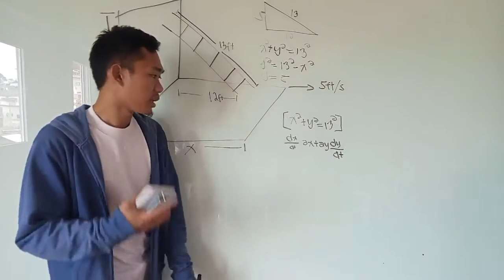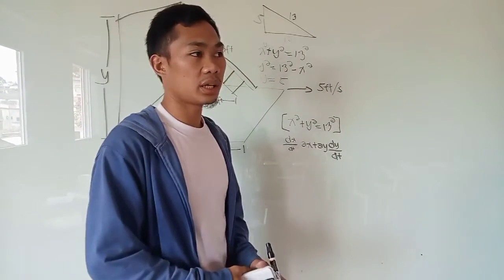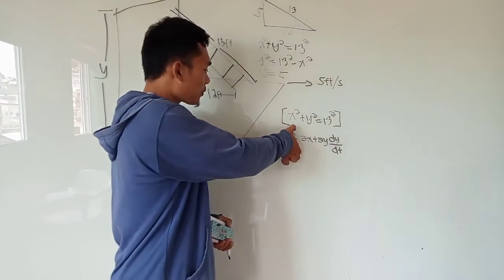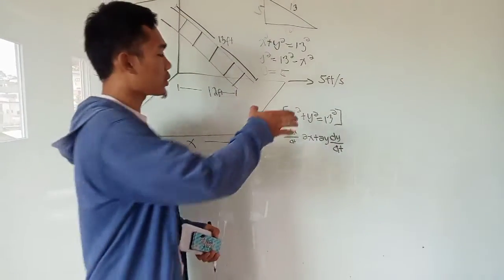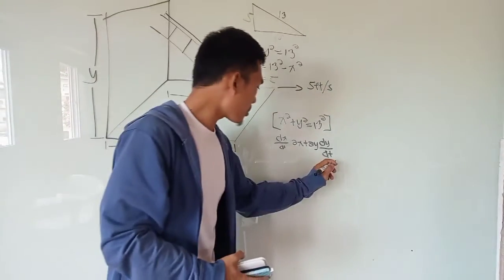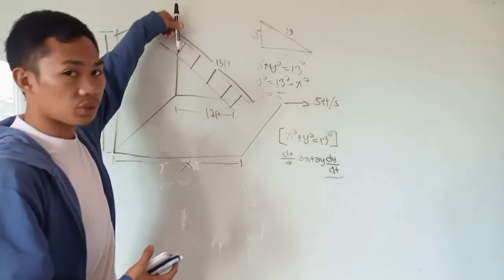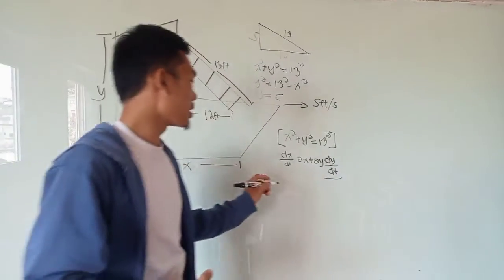So we already have the value of dx over dt. It means the change of x with respect to time is 5 feet per second. And how about dy over dt? The change of y with respect to time.